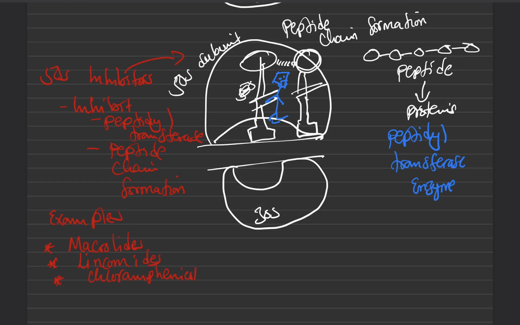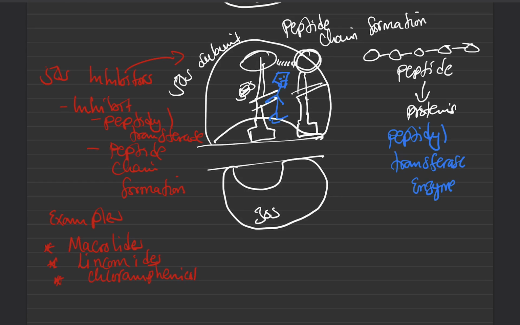And so inhibitors of 30S inhibit what we call reading. There is reading that goes on here by 30S. That's the role of 30S, reading. Therefore, it results in misreading.